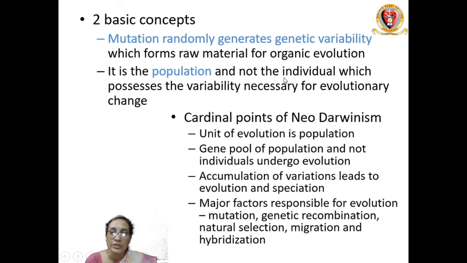So according to neo-Darwinists, the major factors responsible for evolution are mutation, which brings about a new character, genetic combination, which combines favourable characters. Such favourable characters are selected by nature, and migration and hybridization also help in organic evolution.